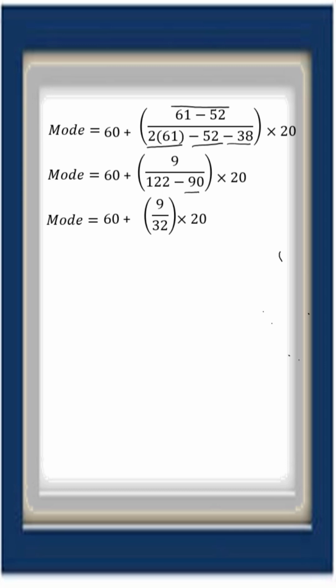Here 4 fives are 20, 4 eights are 32, so 9 fives are 45. Now 9 into 5, that is 45 by 8.